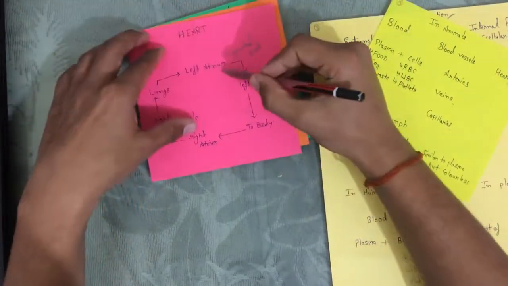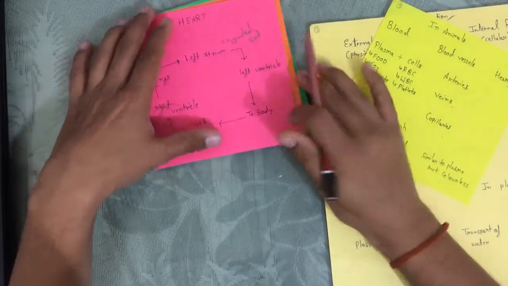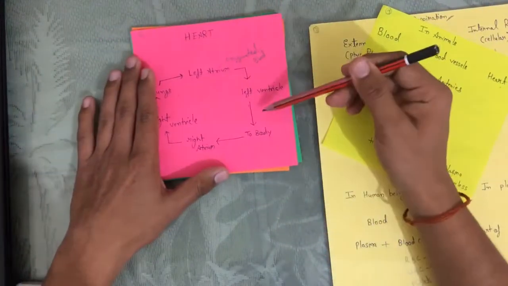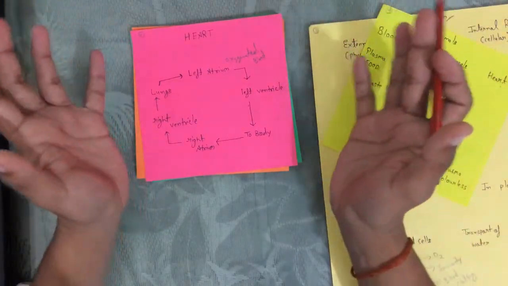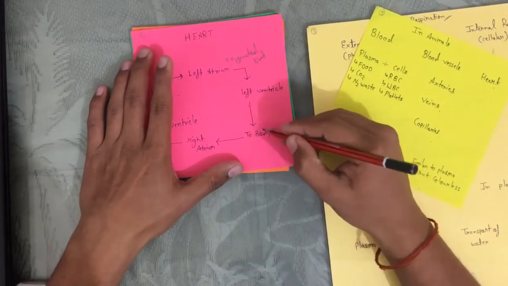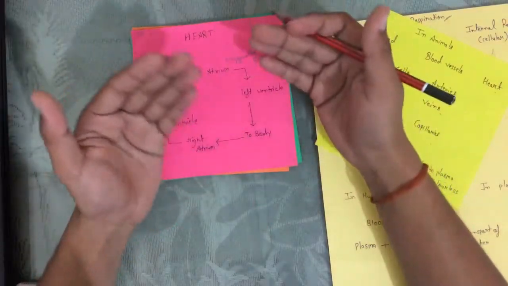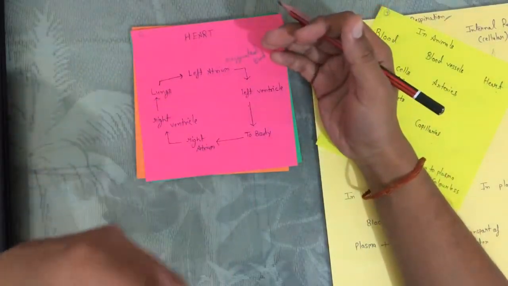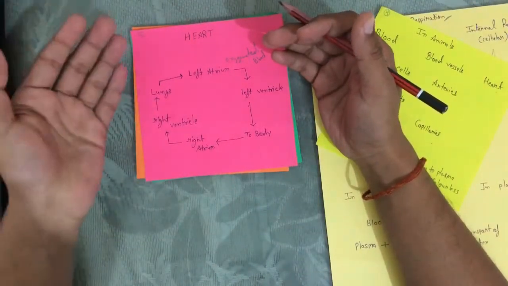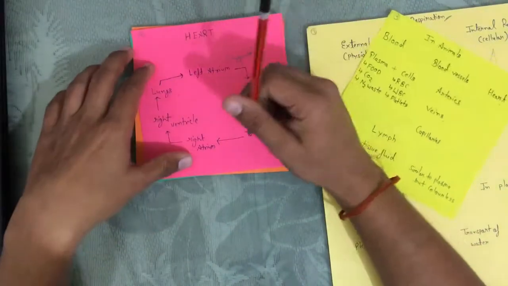When it contracts, it passes to the left ventricle, and in the left ventricle it is pumped. The left ventricle has thick walls, so it pumps the blood to the whole body, where the actual exchange of CO2 and O2 takes place. Oxygen is given out to all cells, and CO2 is absorbed by the blood.